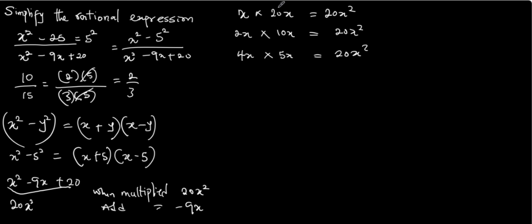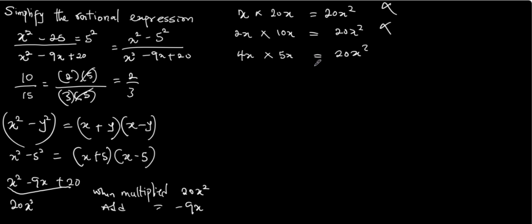Now, out of all of these factors, we then find two numbers whose addition can give us minus 9x. x and 20x can never give us 9, so it's not there. 2 plus 10 is 12. 2 minus 10 is 8, so this also cannot give us. 4x plus 5x will give us 9x, so this looks like it.